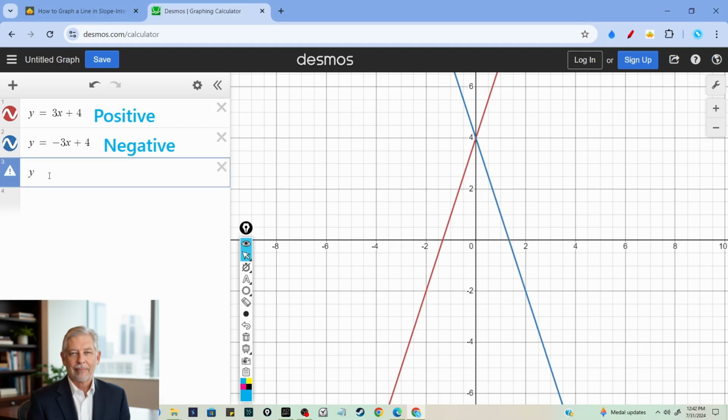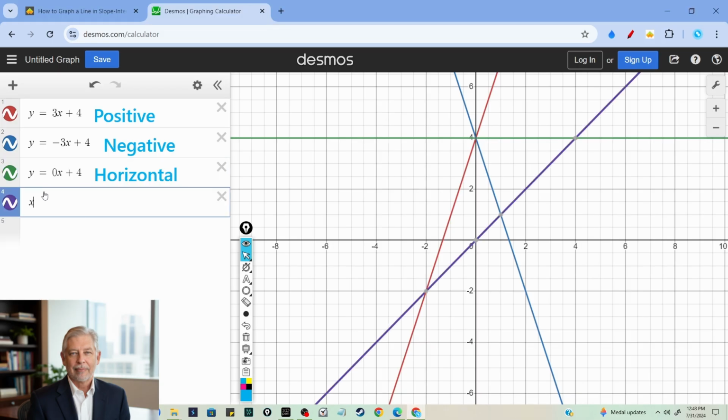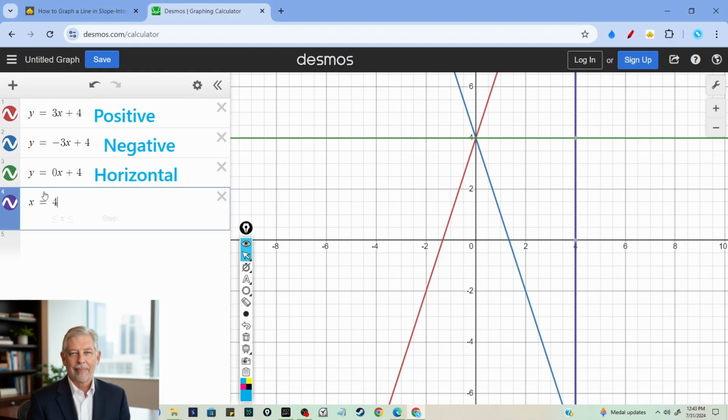If the slope is equal to 0, which is the same as just saying y is equal to 4, then what do we have? It's a horizontal line. And if the slope doesn't exist, you have a vertical line going straight up and down.